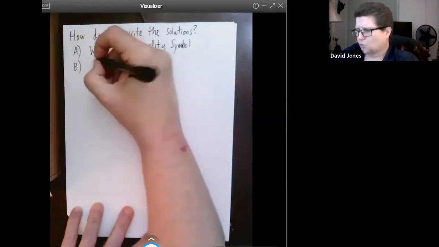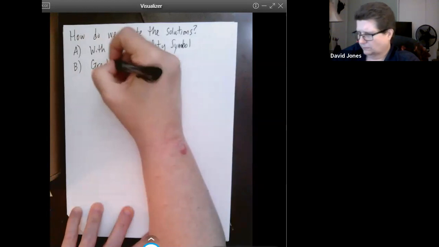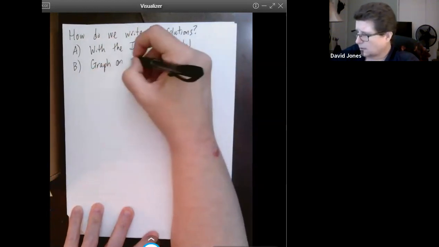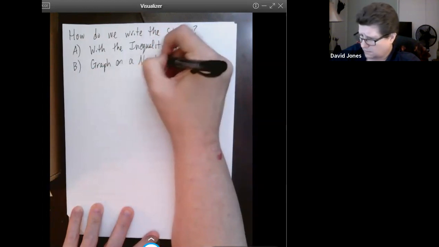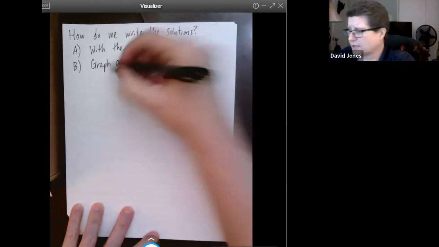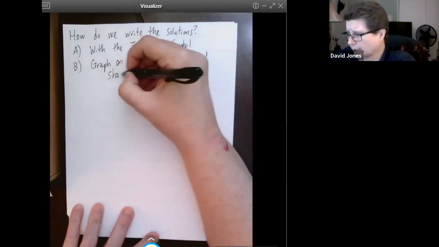We can graph it on a number line and shade the values that work.